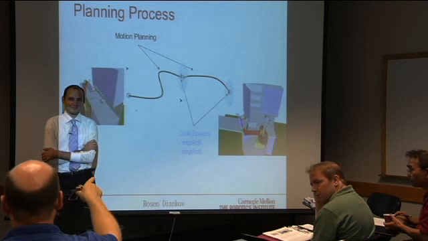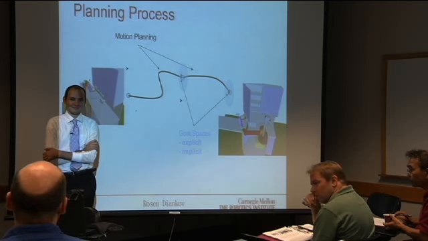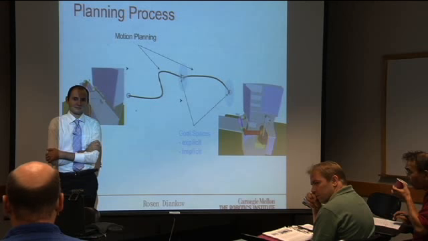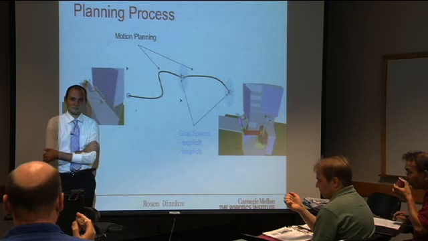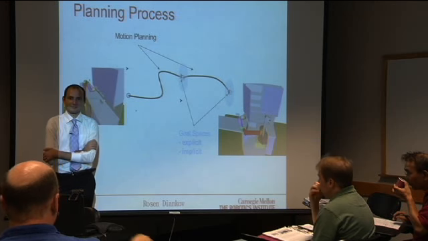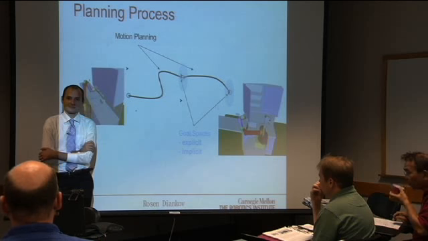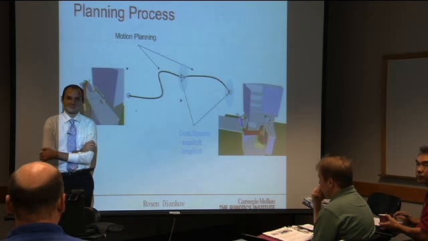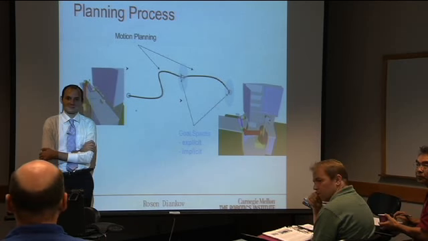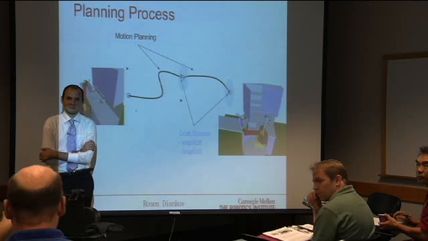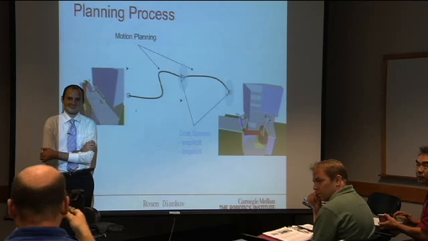Ian Horswill, who's a graduate student of Rod Brooks, did pick up the lab, find the Coke cans, and toss them in the trash can with a mobile manipulator in the mid-80s, because it was very simple. He had a color camera, would visually servo to it, and it was this behavior-based thing.